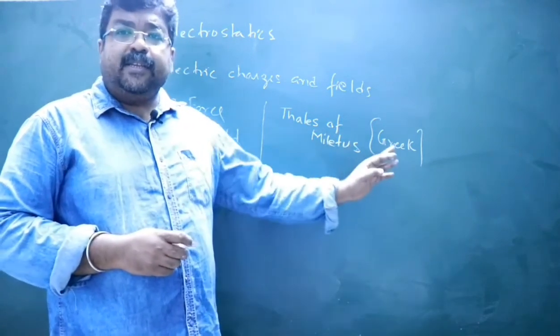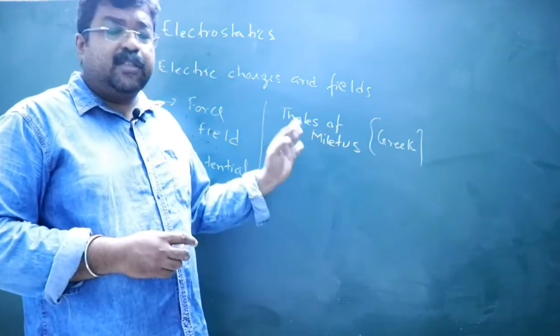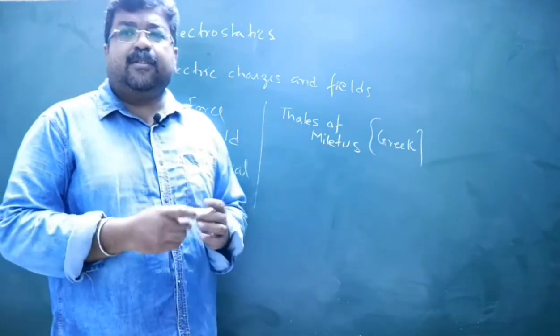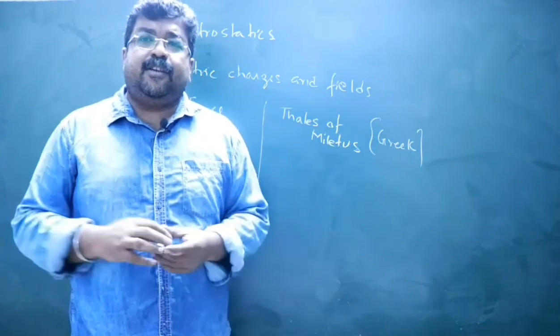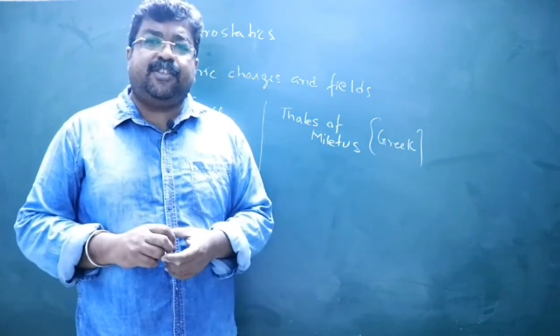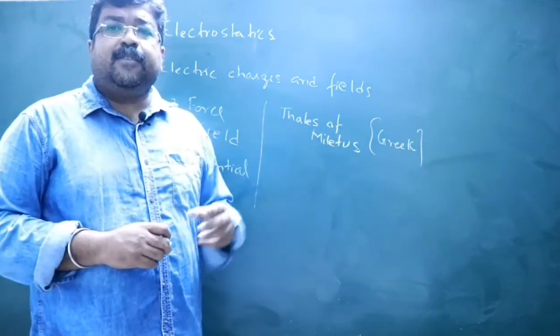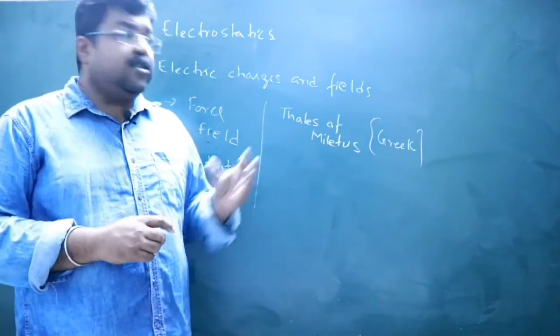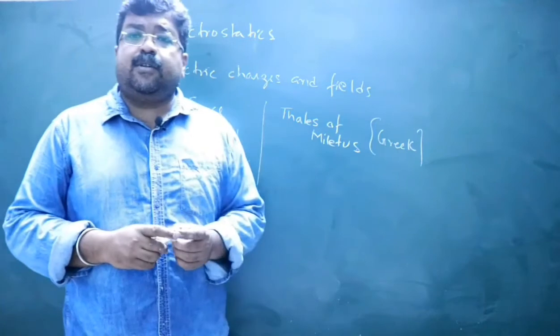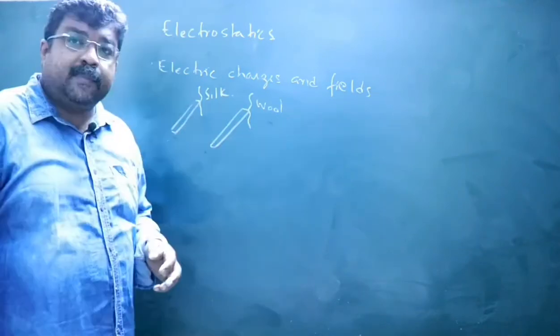Miletus is a place in Greece and his name was Thales. He was like a sage, like the Indian rishi. So he was a sage, a philosopher, a mathematician, an astronomer, and the first concept of charge was made by him.